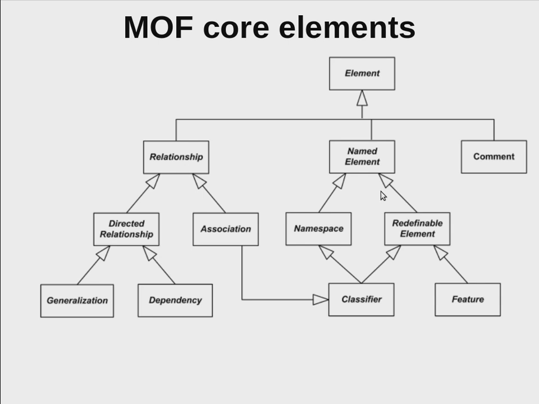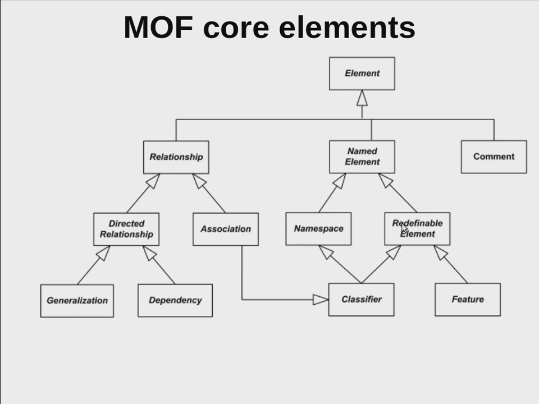And then you see a diamond here, multiple inheritance, that associations are also classifiers. And what is a classifier? A classifier is a redefinable element, which is also a namespace, which shows relationship. And here is feature, and for example UML profile is also a concrete subclass of this feature element.